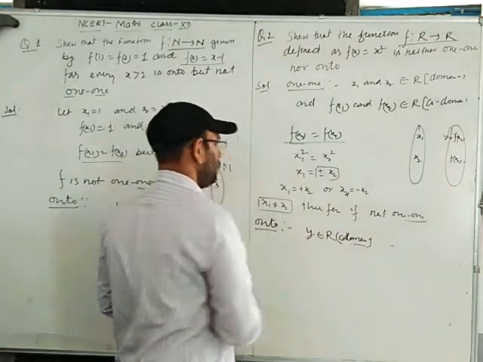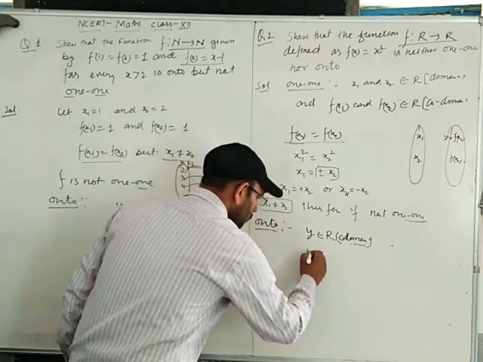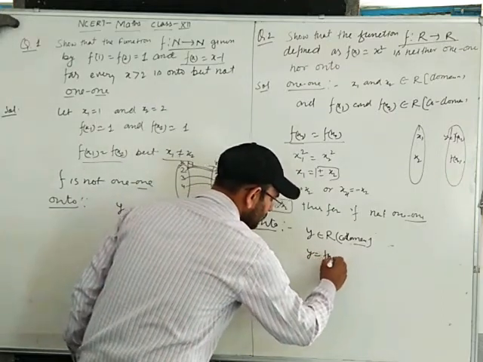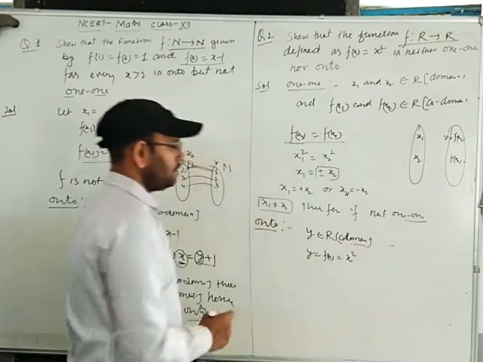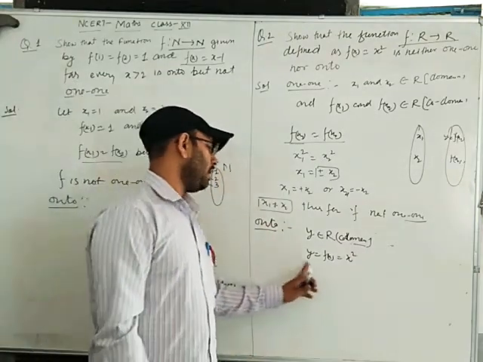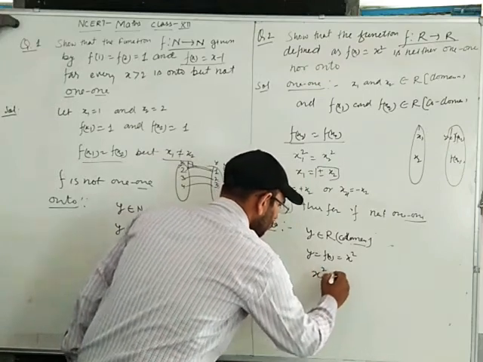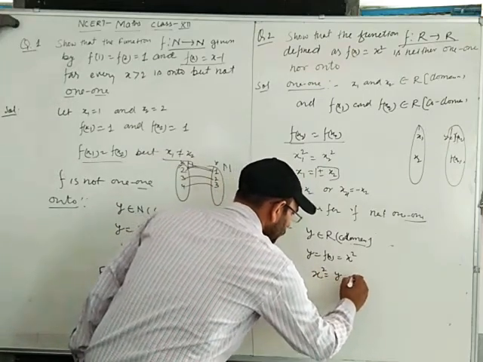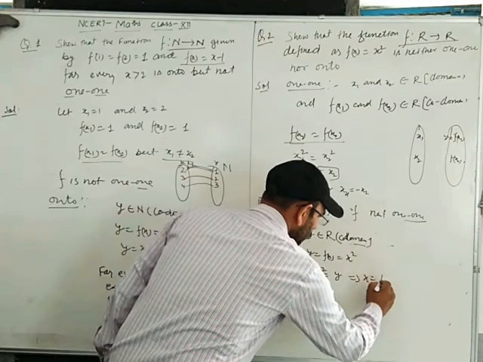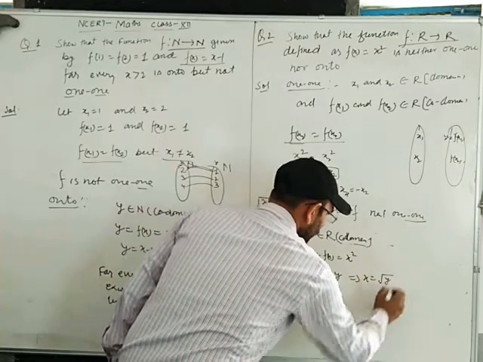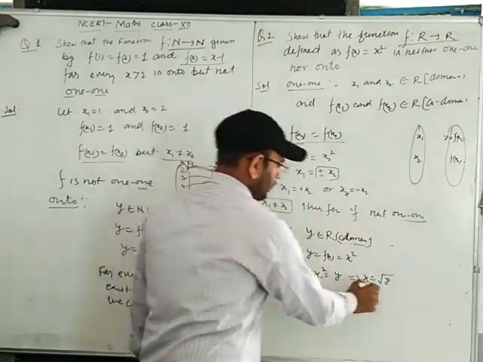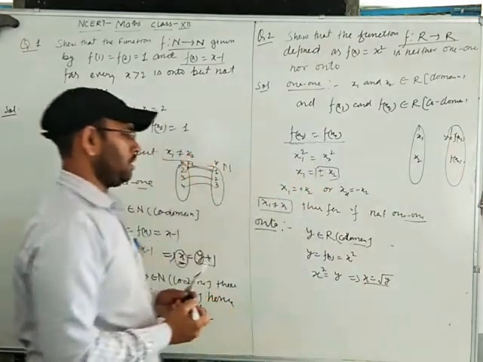We put up this value, the given function y is equal to f(x) is equal to what? x square. Now we convert y in terms of x square, so we get x square is equal to y, further x is equal to under root y. Clear? Okay.